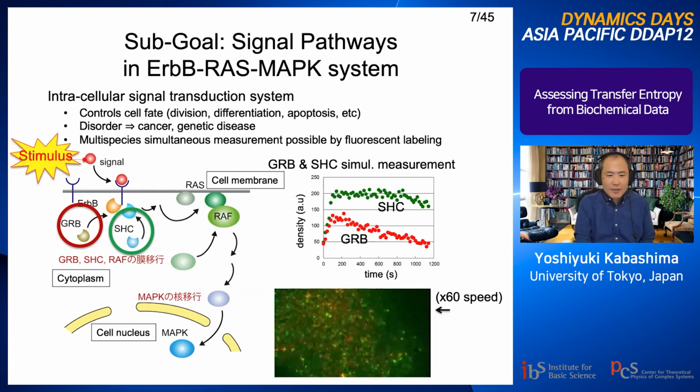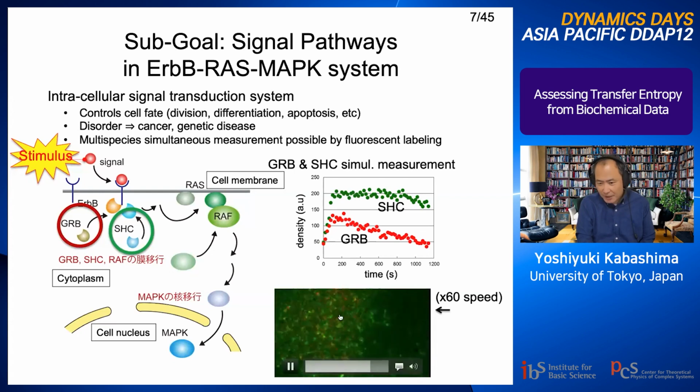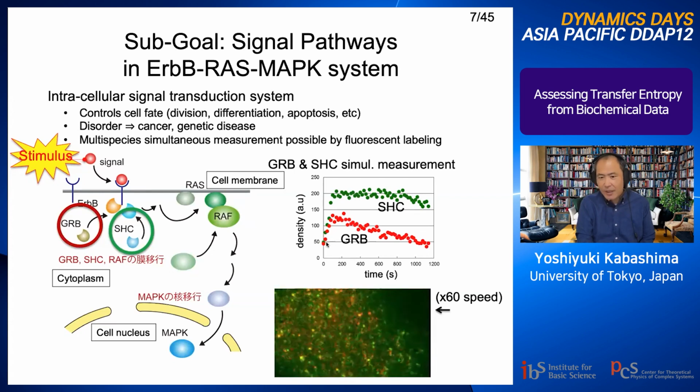And this causes a reaction with the RAF, and finally it propagates to the cell nucleus. By using fluorescent labeling, we can observe or measure the activities of, for example in this case, two proteins, GRB and SHC, like this. We can get this kind of time series.